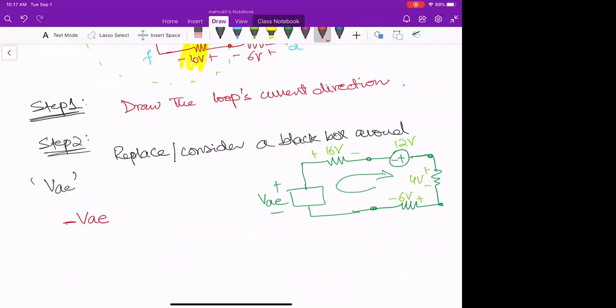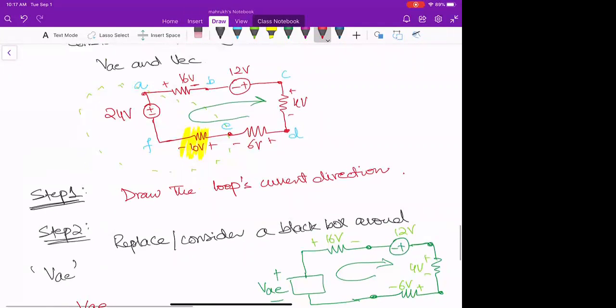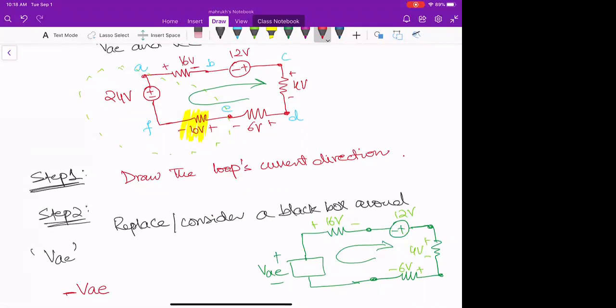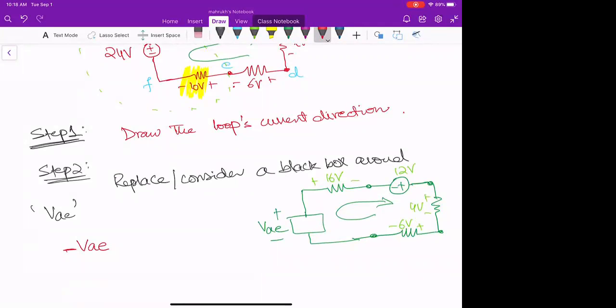I think this will be more explained when I will be doing VEC, because VEC, if you see, has minus and plus, yeah, right? V is down and C is up, right? So I just took plus and minus by convention. And it will be more clear when I will solve it.